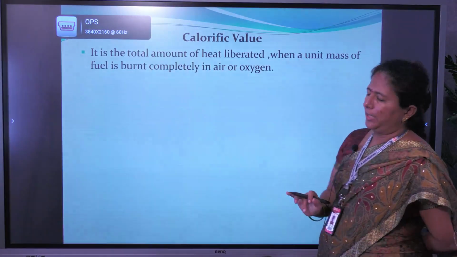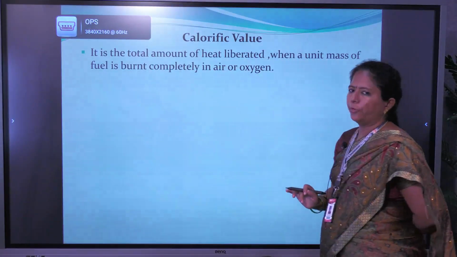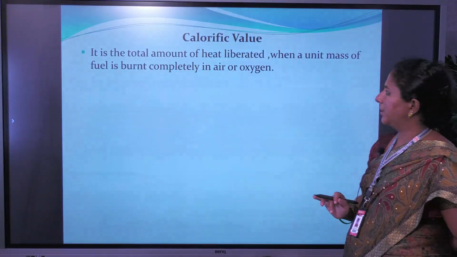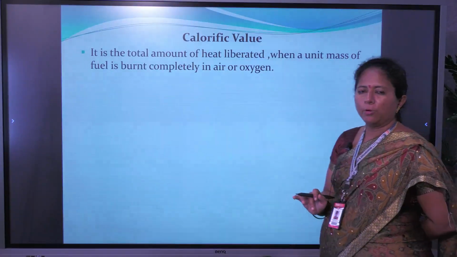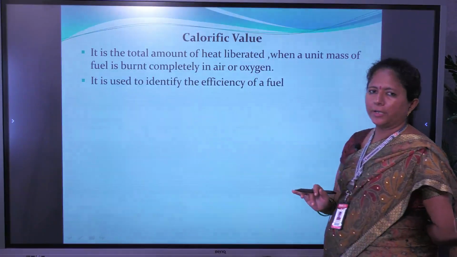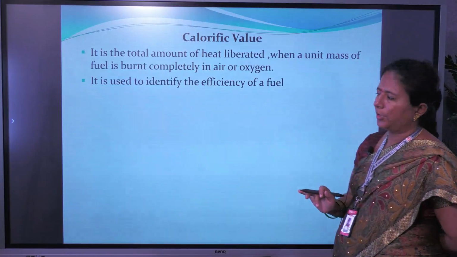So calorific value means it is the total amount of heat liberated when a unit mass of fuel is burnt completely in air or oxygen. It is used to identify the efficiency of a fuel.